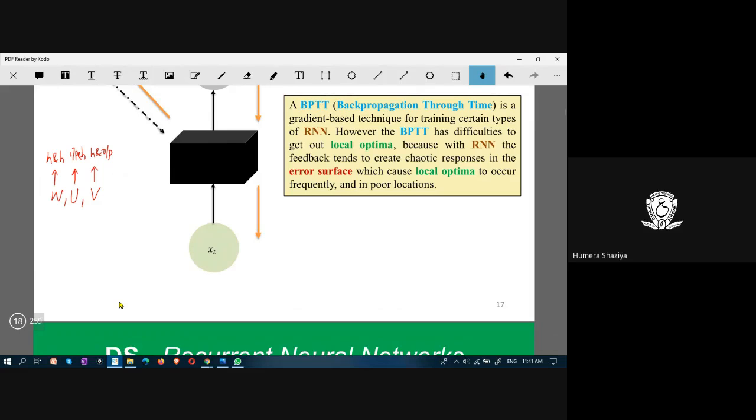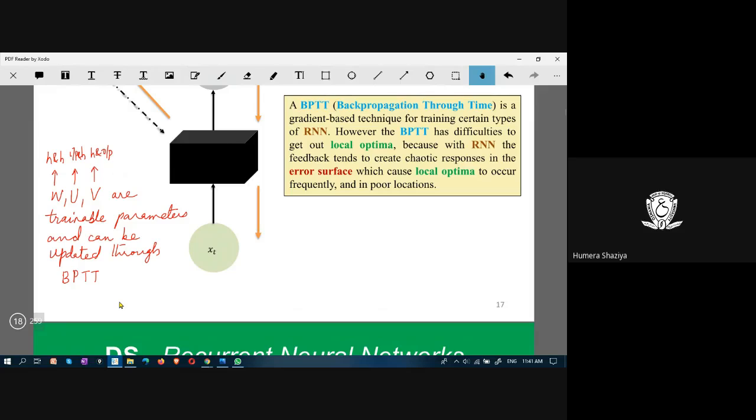These three kinds of weights are trainable parameters and can be updated through BPTT, back propagation through time.